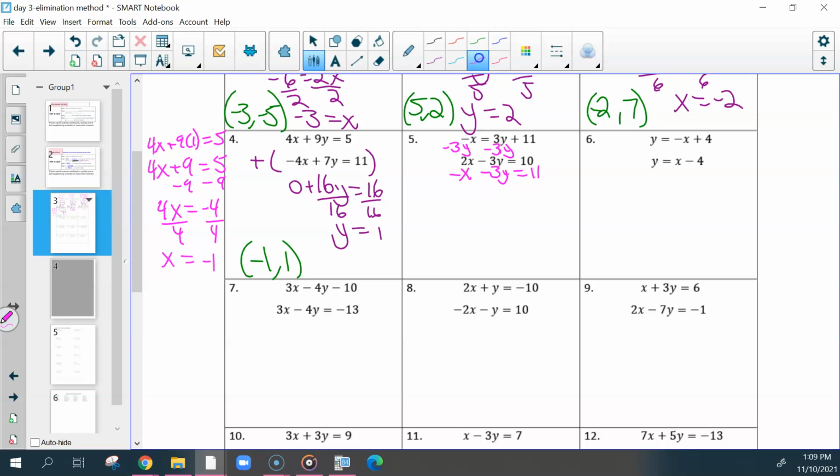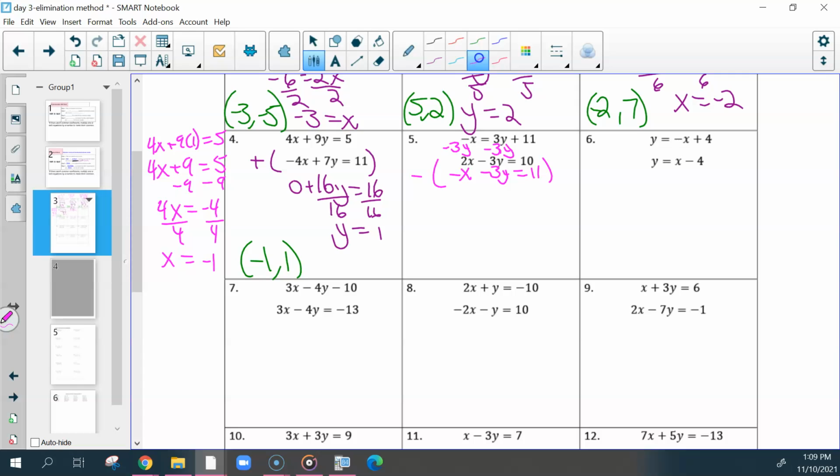No. So I would need to subtract these. Because -3 minus a -3, the negative and minus would become a plus. And now I have -3 plus 3, which would become 0. So you basically do the opposite.